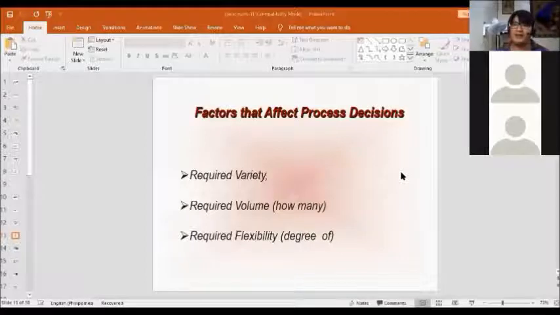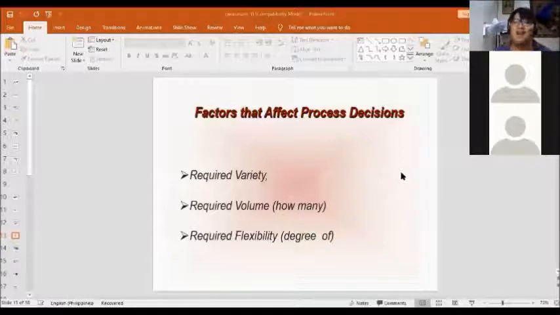Same with flexibility. We should be flexible, for example when there are additional features or additional ingredients. For example, in the soda industry, Coca-Cola.